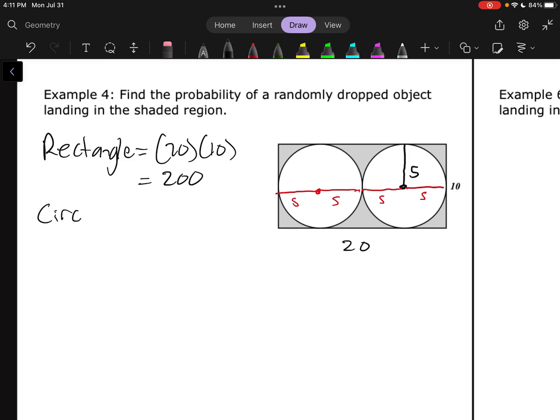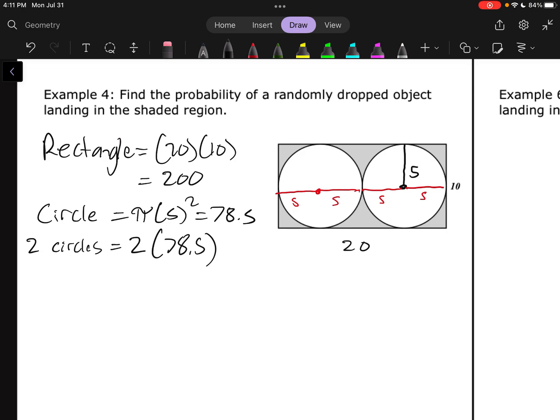Now for one circle, we'll do pi r squared. That's pi times 5 squared, which is 78.5. So that means that two circles will be 2 times 78.5, which is 157.